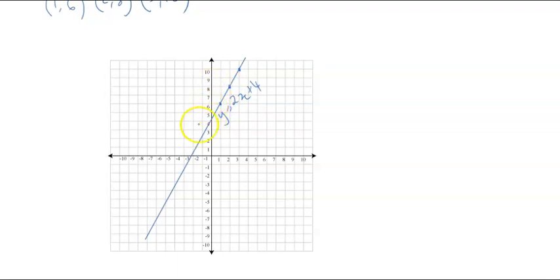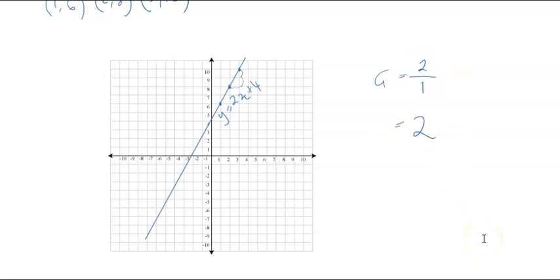I know that these points are exact because I just plotted them. So if I choose this point, I can see my rise is 2 if I do those jumps, and my run is 1. Okay, if I look at that triangle there, my rise is 2 and my run is 1. So my gradient is just 2.